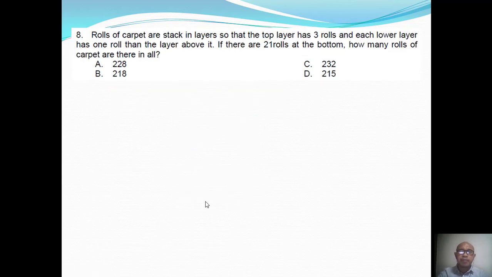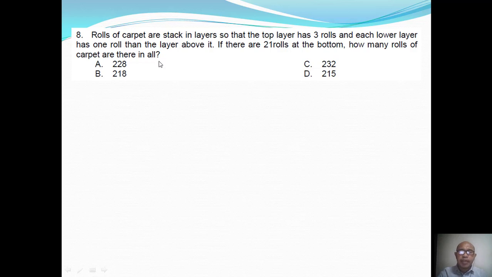Next problem. Rolls of carpet are stacked in layers so that the top layer has 3 rolls and each lower layer has 1 roll more than the layer above it. If there are 21 rolls at the bottom, how many rolls of carpet are there in all? Okay?